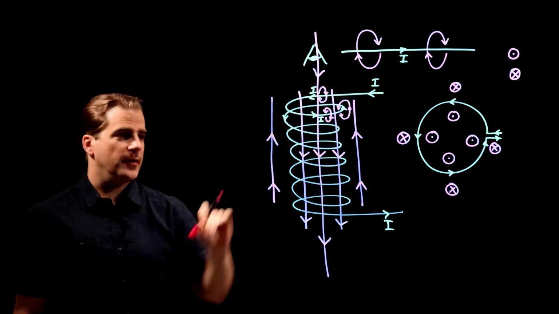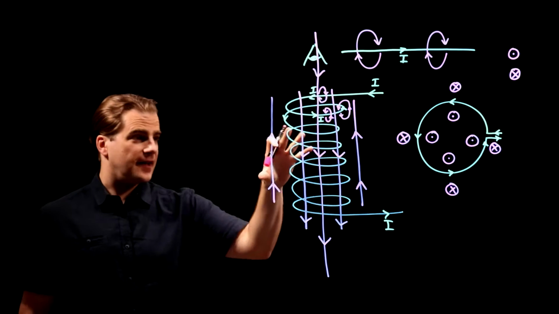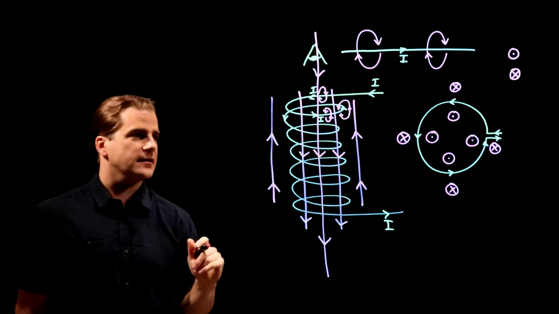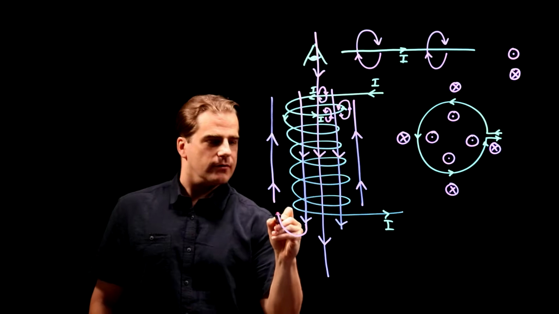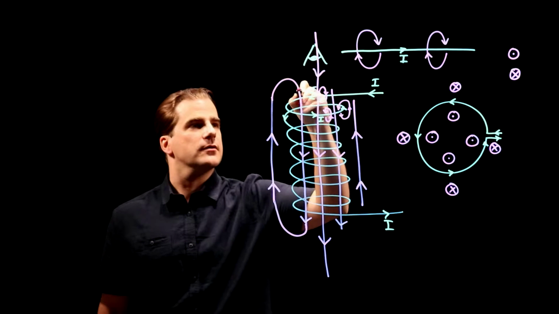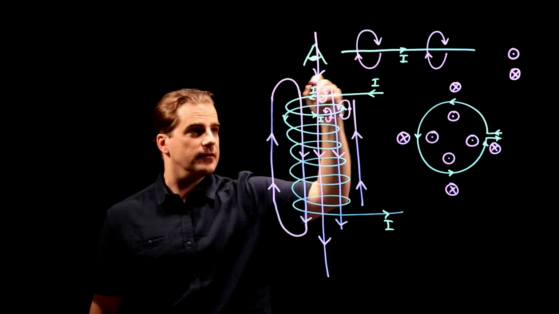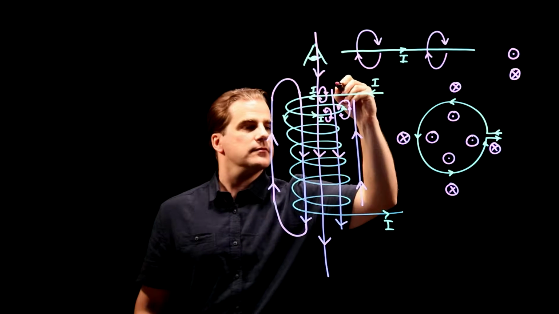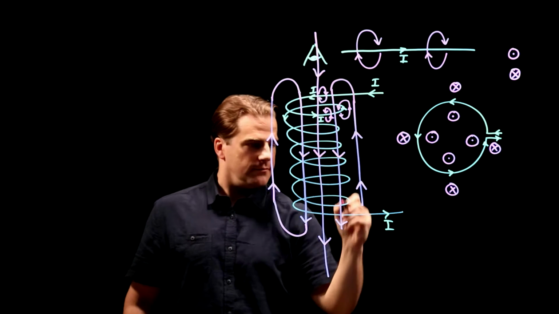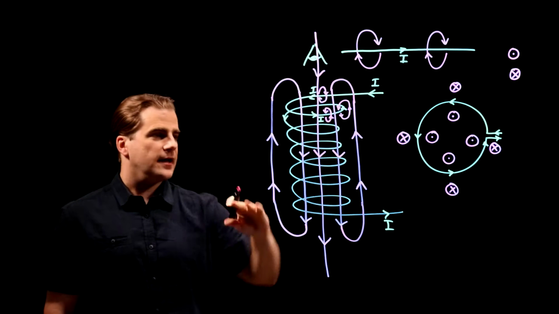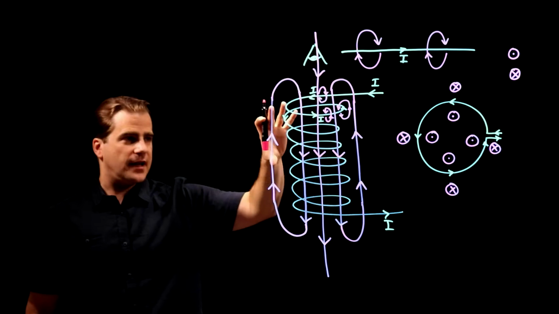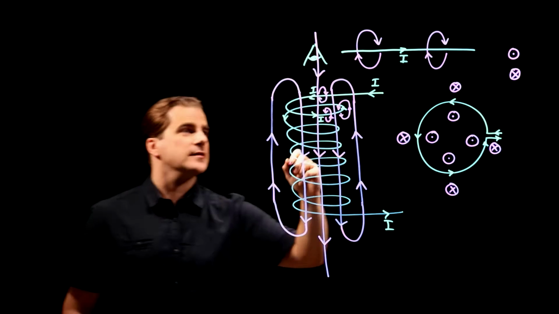And does this pattern look familiar? That's right. It's exactly the same pattern as a bar magnet. So these two will join up outside the solenoid. Okay. And it's the classic butterfly pattern of a bar magnet.